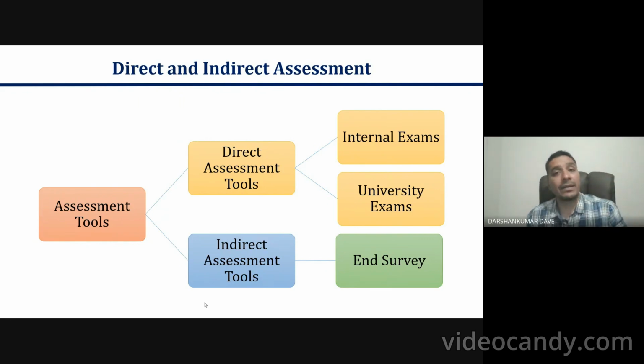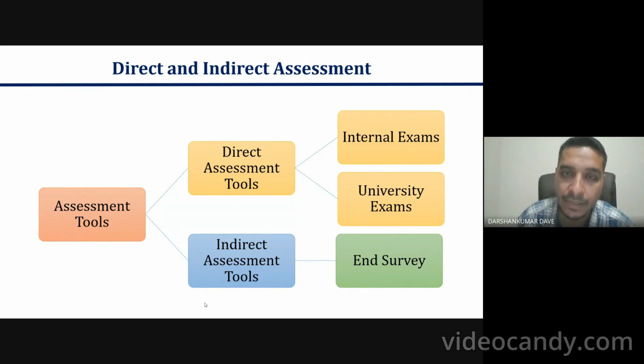But their assessment system is very strong. They have distributed each and everything on continuous evaluation, but very systematically. Right? So there is no ideal way to decide your direct assessment tool. It is up to the university, whatever the university decides, that is what we are supposed to accept.